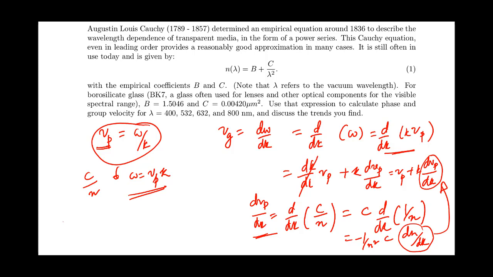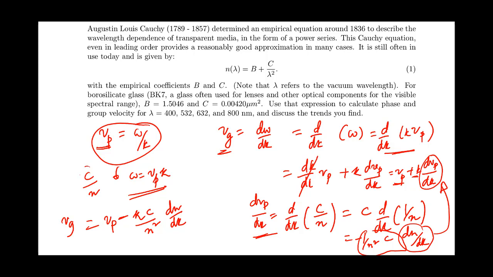So if I were to do that, the group velocity is equal to Vp, the phase velocity, minus k times 1 over n squared c, c over n squared times dn by dk, right?